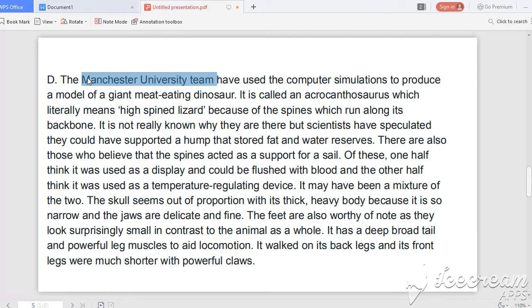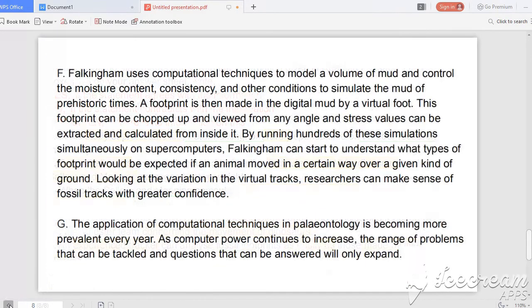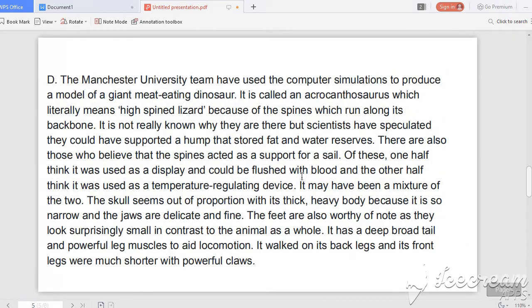I mean, in the question it's clearly mentioned that it concerns the movement of dinosaurs. Okay, concerning the movement of dinosaurs, and this passage talks about the spine or hump, which supports a hump that stores fat and reserves, and they have different opinions about this hump.